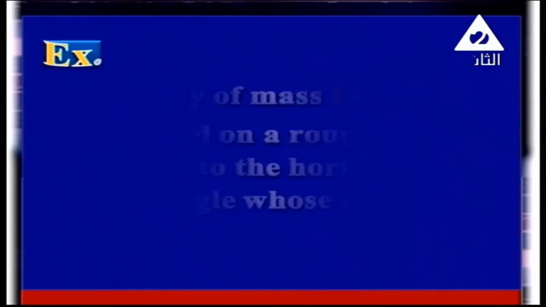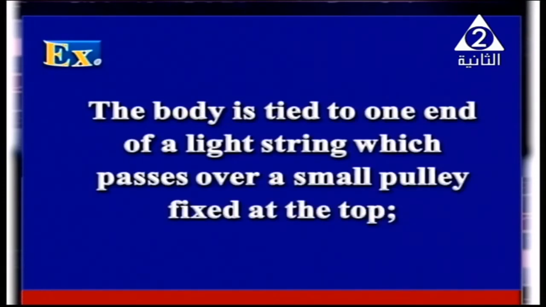The body is tied to one end of a light string which passes over a smooth body fixed at the top. My dear student, the body is tied to one end of a light string which passes over a small body fixed at the top.